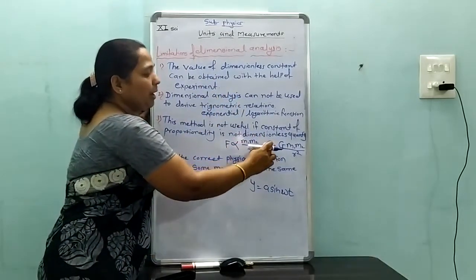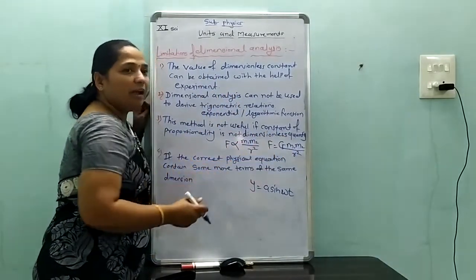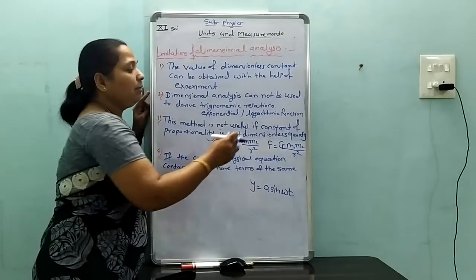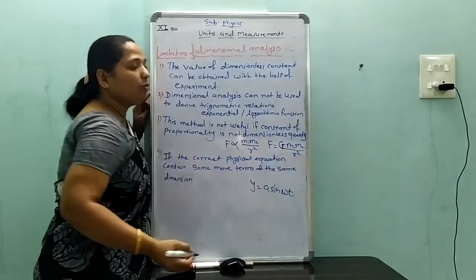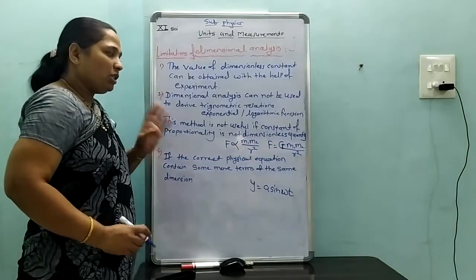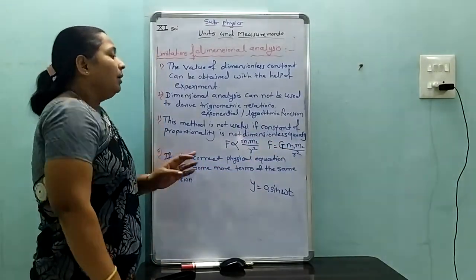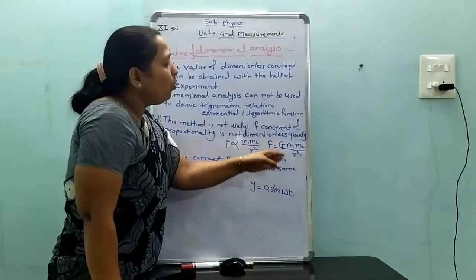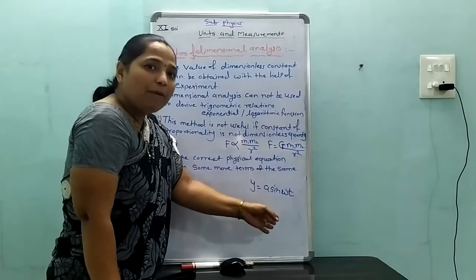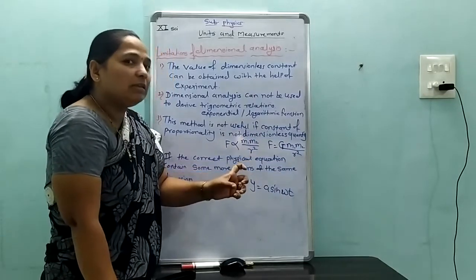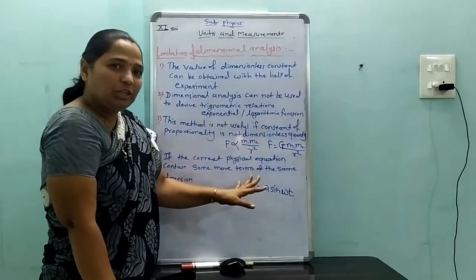G is equal to F r square upon m1 m2. Then we find the dimensions of capital G, the universal gravitational constant. If the constant is only a number, like in kinetic energy equal to half mv square, where half is a constant, it has no dimension.